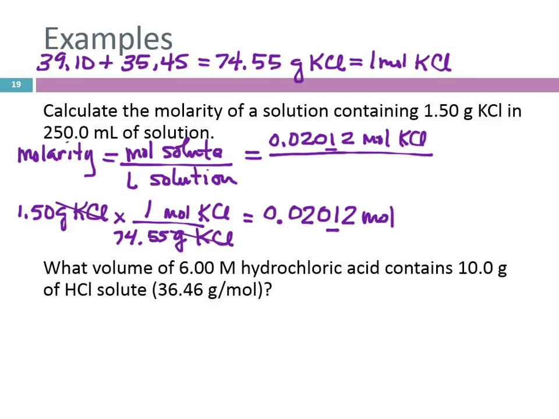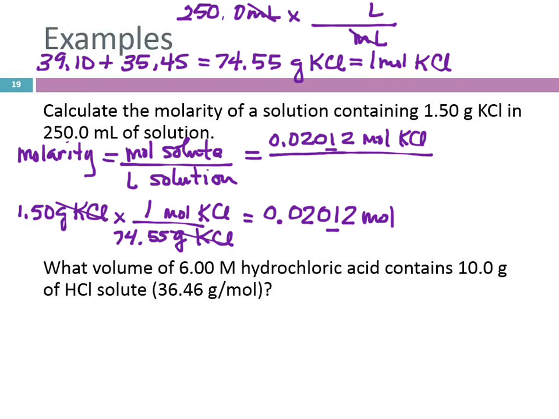And then they gave us milliliters of solution. Once you become familiar with milliliters and liters, you can just move the decimal point over 3 places. It's 0.2500 liters. But I'm going to assume that a lot of you are not okay with that, so we'll write it out. 250 milliliters. And then we want it in liters, so we have to divide by milliliters.